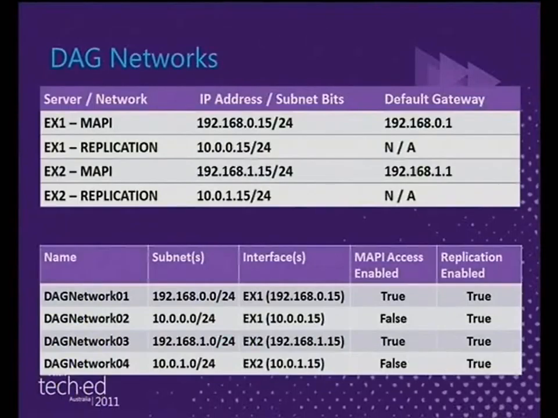Now, which is the only network interface registered in DNS? The MAPI, that's right. And as a result of that, until you do the configuration change I'm about to show you, in this configuration out of the box, the system will only use the MAPI network for replication. And that's, of course, the opposite of your intent, because after all, in this configuration, you put a dedicated replication network card in there.